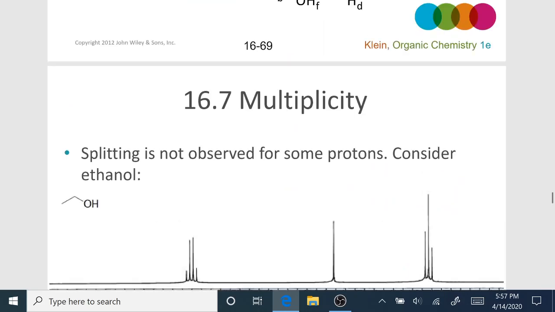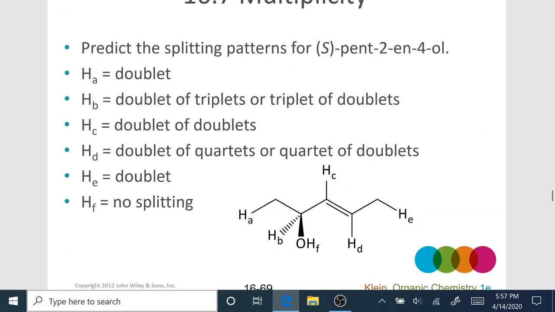Okay, so let's see, HA is going to be just a doublet because they're split by HB. They're not doing a very good job of demonstrating this. These are all HA here. HB is supposed to be split into a quartet by these three, so I think there's an error here, and a doublet by HC.